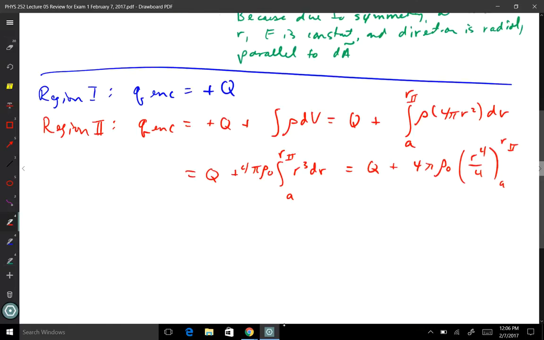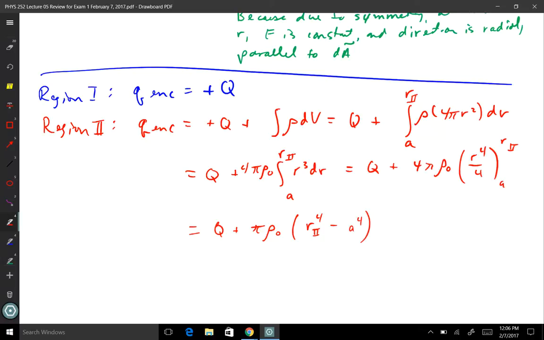And final step. So there's my charge enclosed in region 2.